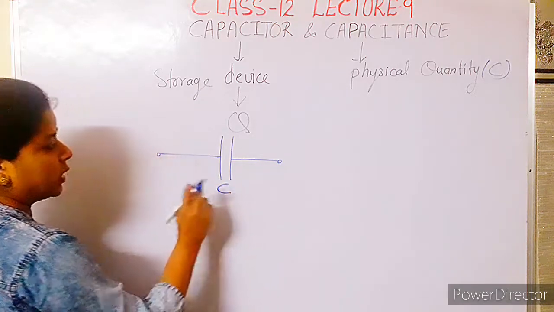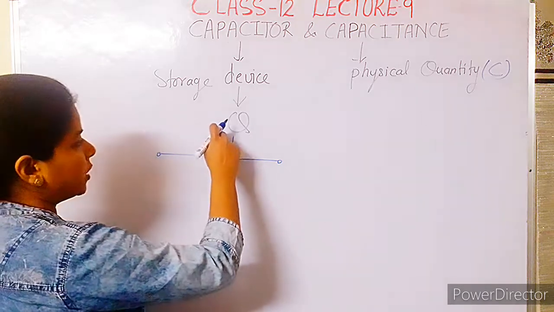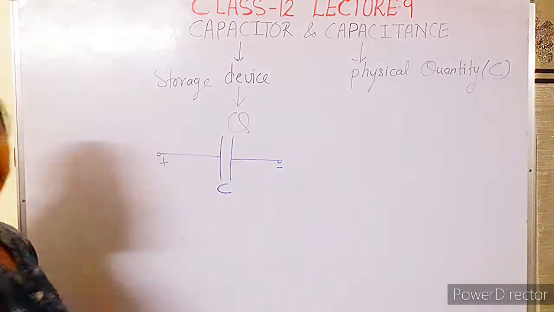This one is a storage device and this is its symbolic representation. C is the capacitance of this capacitor, and you can see that one plate has positive charge and the other plate has negative charge.